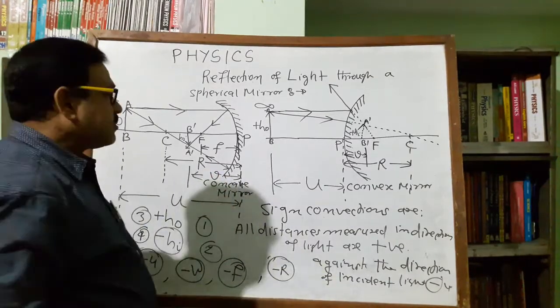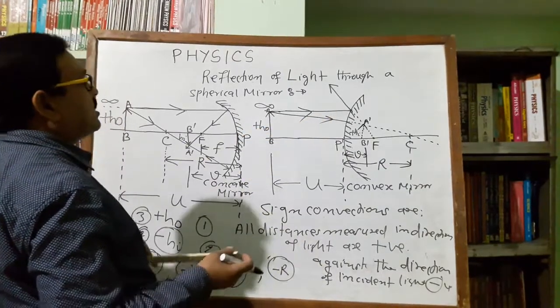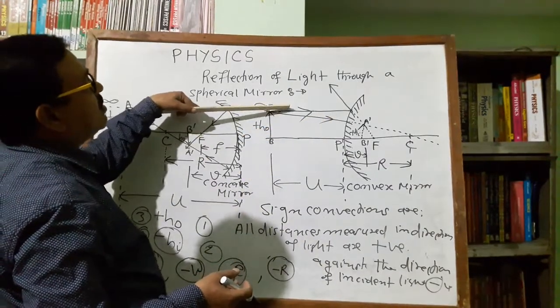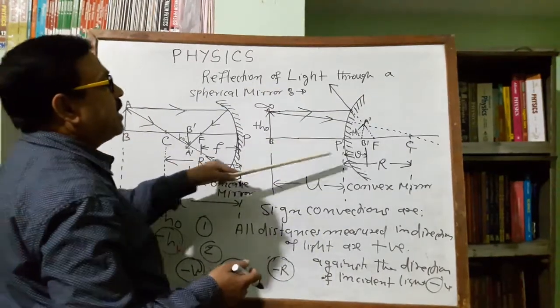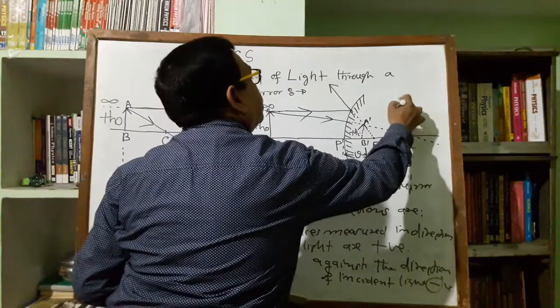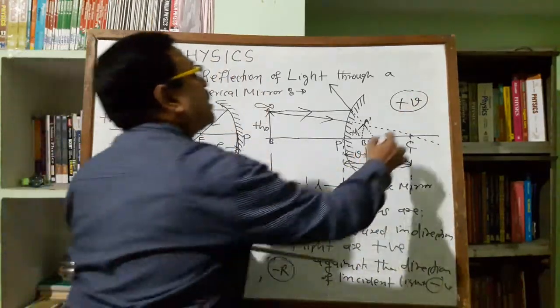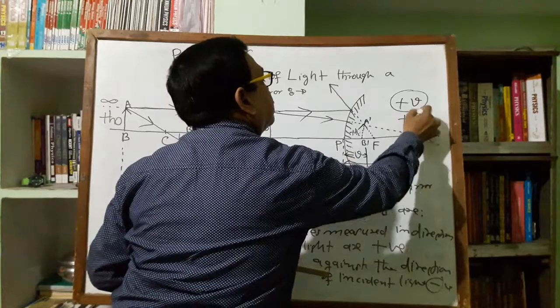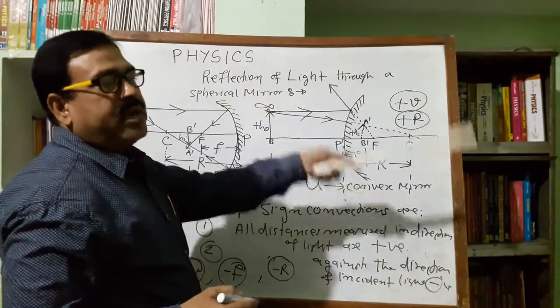But in the case of the convex mirror, by sign convention number 1, all the distances in the direction of light are positive. We get the image in the direction of light, so we put plus for image distance. We will put plus R because the distance is in the direction of light, behind the mirror.